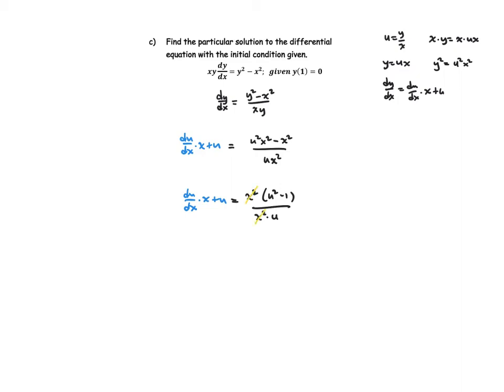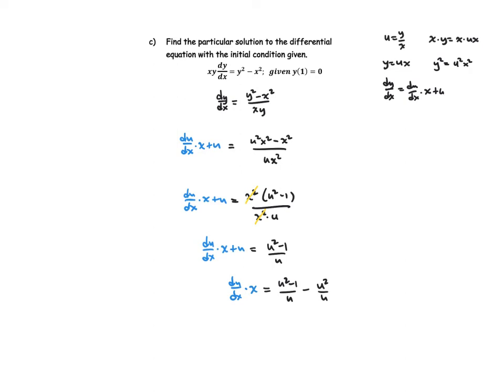So I get this expression: du/dx times x plus u is equal to u squared minus 1 over u. I'm going to subtract u from both sides. If I do that, I get du/dx times x is equal to u squared minus 1 over u minus u, but I'm going to rewrite u as u squared over u so I can get a common denominator.